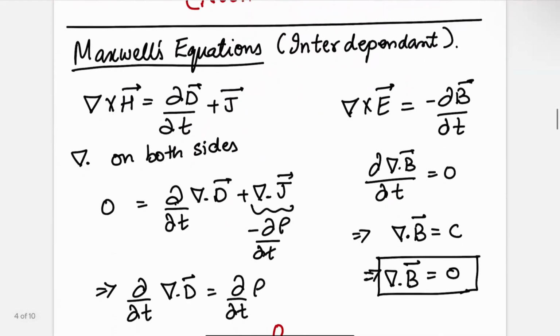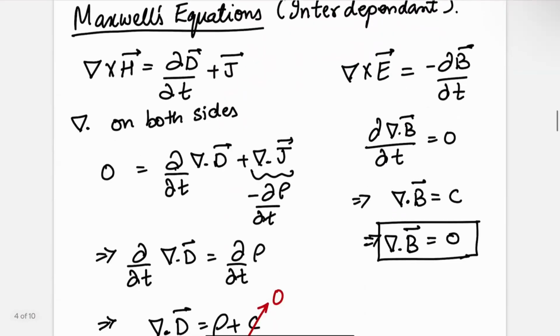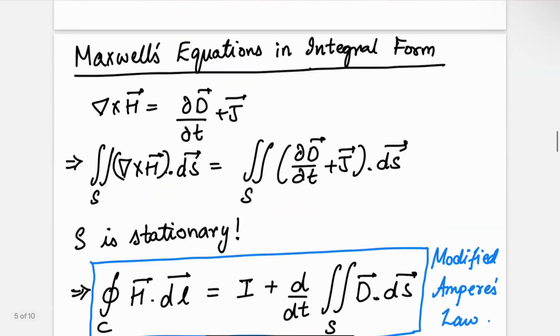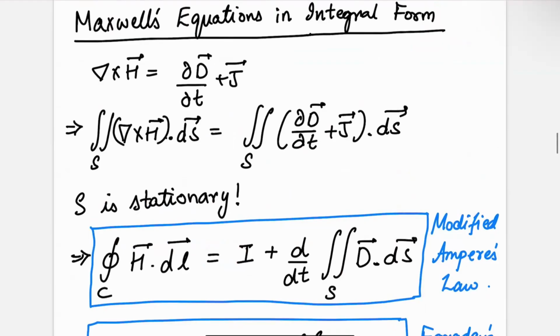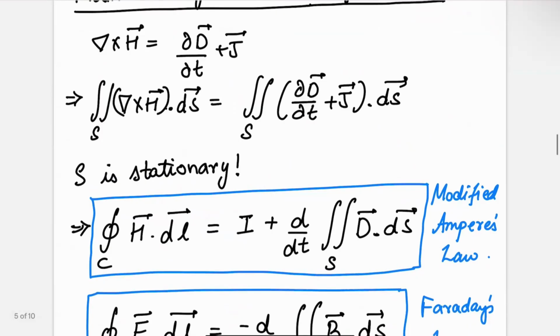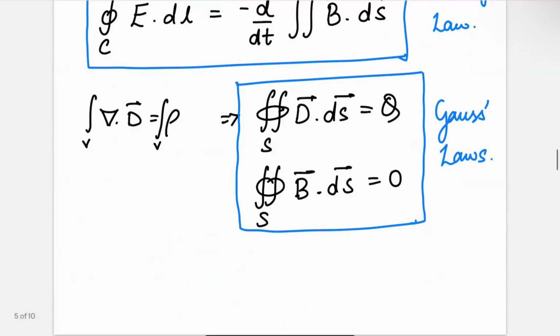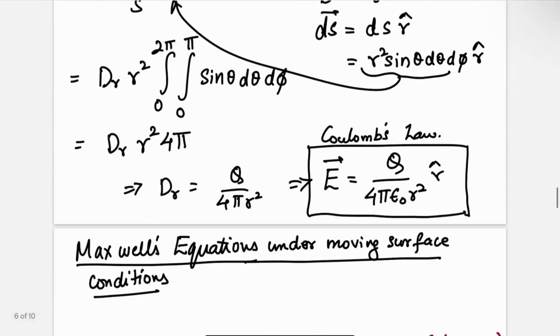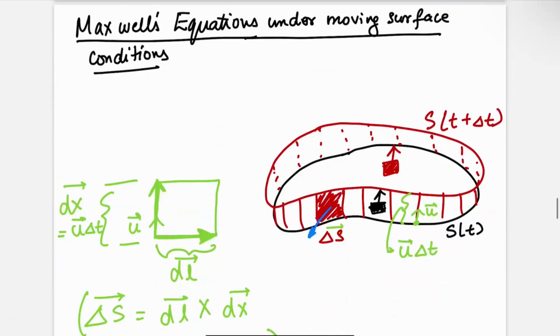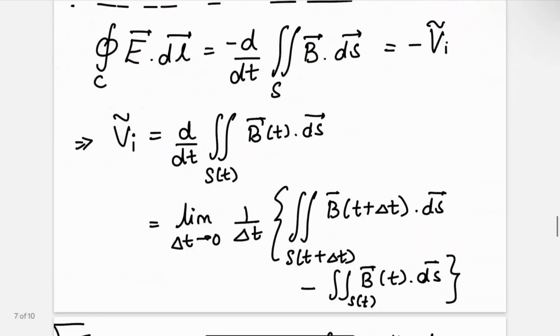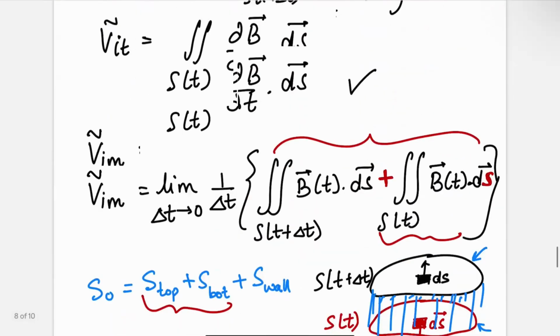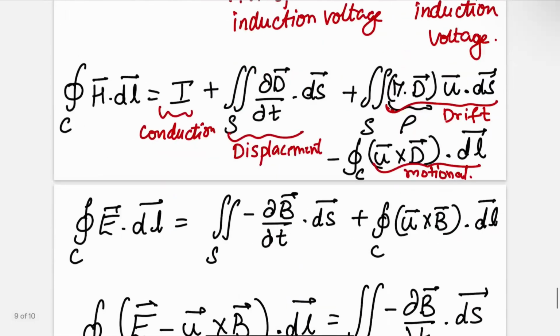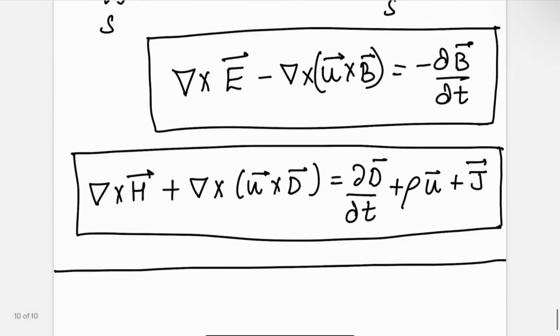Then we showed that Maxwell's equations are interdependent, so it's not entirely necessary to have all of them. From there, we used some vector calculus relations to derive the integral form of Maxwell's equations. We derived Coulomb's law, KVL and KCL. And then we said, okay, when I have a moving surface, what does the point form of Maxwell's equations look like? The differential form. And we derived those as well. That was the last part of today's lecture.